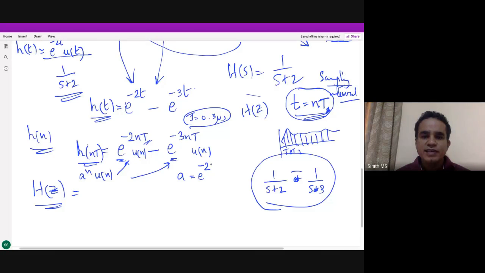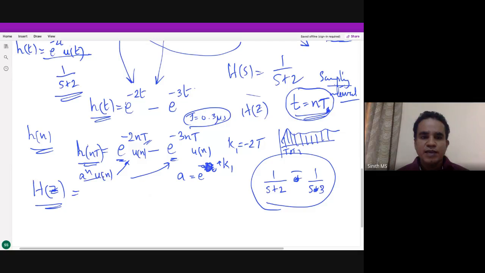So 2 into T can be represented as a constant k1, and a is e raised to k1, where k1 is minus 2T.